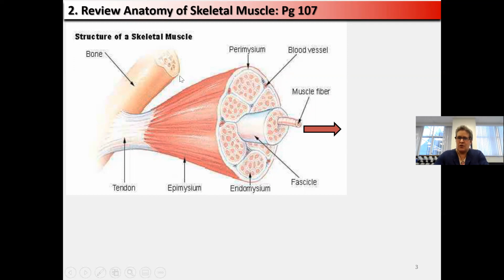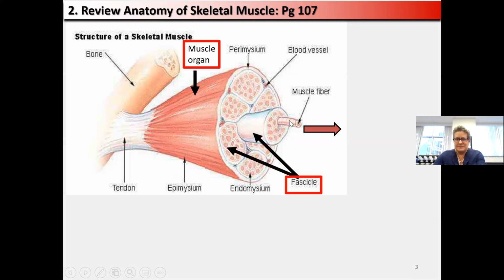You open up and look inside the muscle organ, and inside it's made up of muscle fascicles. All right, these little compartments are muscle fascicles. If you pull out a single muscle fascicle and look deep inside, it's made up of multiple muscle fibers. And guess what? If you open up a muscle fiber, that's a muscle cell.